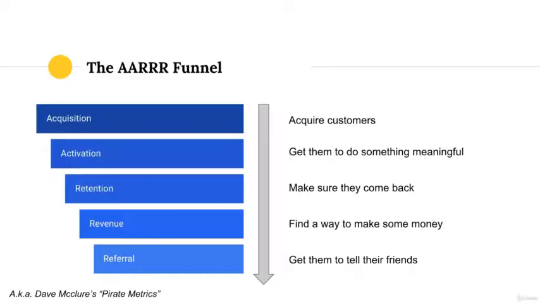It starts with acquiring customers through various marketing channels, getting them to do something meaningful so that they can experience the value of your product, making sure that they come back so that you can develop a sustainable business, finding a way to make money from these customers so that you can keep your business alive, and then finally getting them to tell their friends so that you can grow your business even more. So that's acquisition, activation, retention, revenue, and referral.